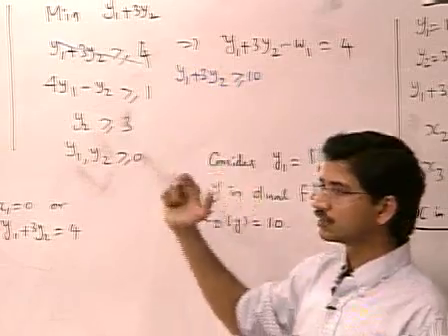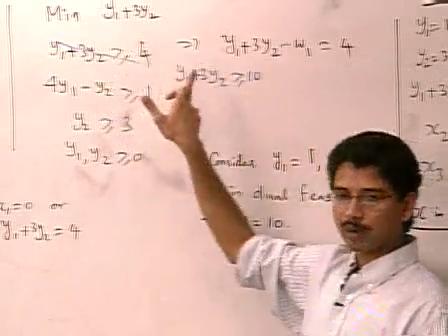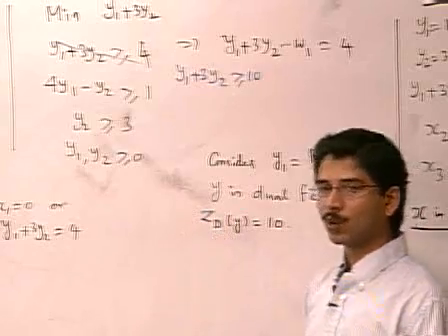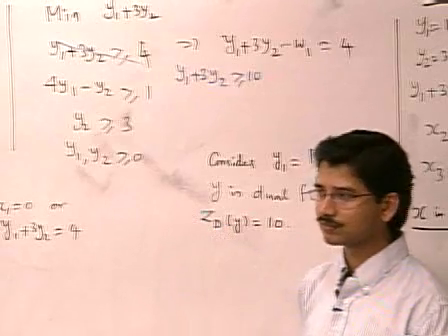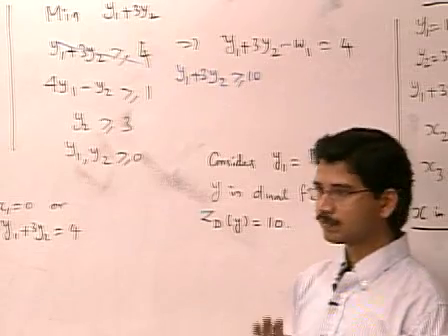So certainly, when I increase this right-hand side in a minimization problem, the optimal zd of y may go up, or it may stay the same. It certainly cannot go down. Everyone happy with that?